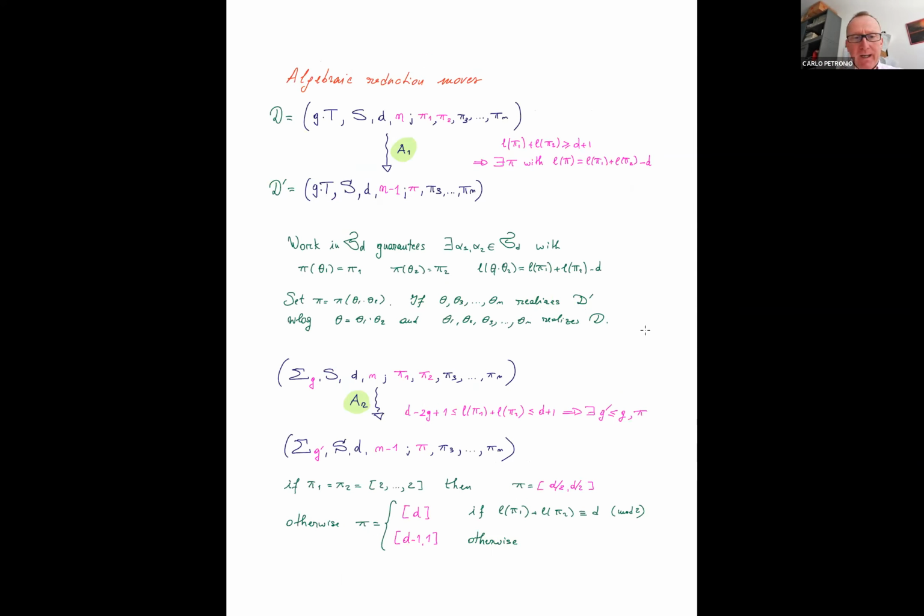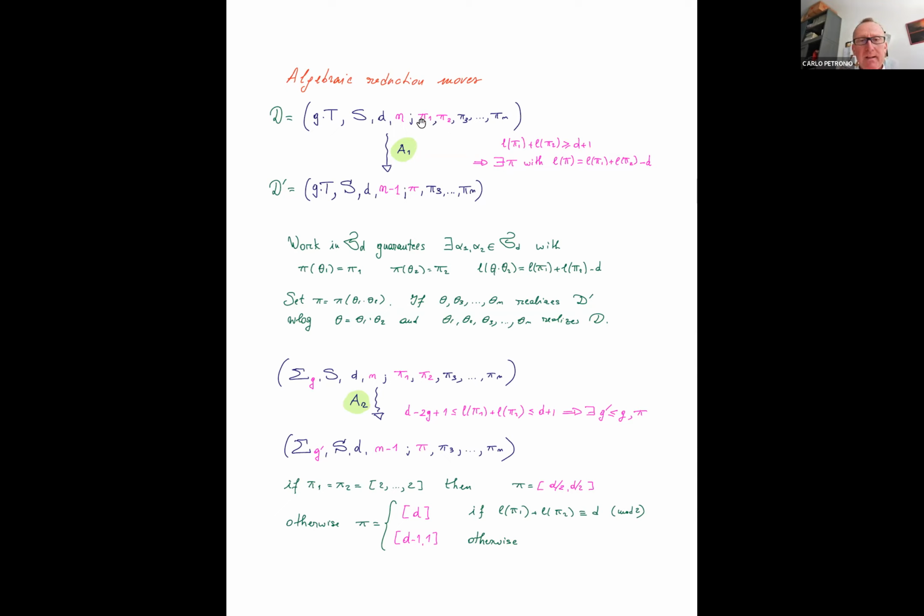And very quickly, you have also algebraic reduction moves. These are used to reduce the number of branching points, and they look as follows. So you have again a candidate datum with some number of partitions, and now you make assumptions on the length of the partitions. And this is actually a condition in the symmetric group, and you want to show that if this is realizable, so you reduce the number of branching points.